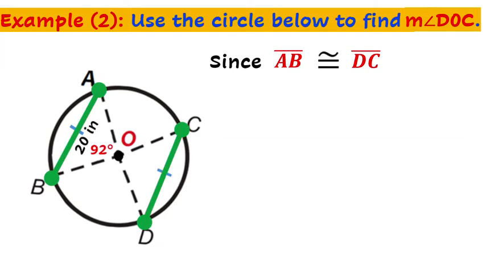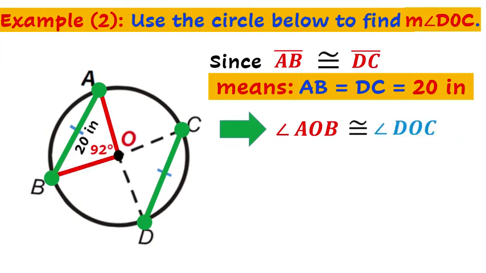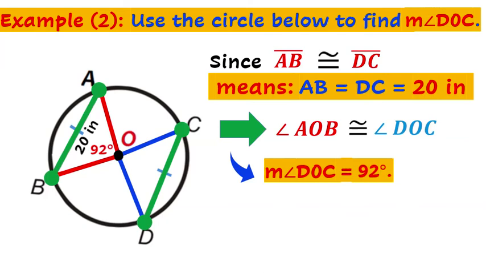So as we said earlier, if we have two congruent chords in the same circle, the intercepted central angles are also congruent, which means here we have AB equal to DC, equivalent to 20 centimeters, and so the central angle AOB is congruent to the central angle DOC. And finally we can say that the measure of angle DOC equals 92 degrees.